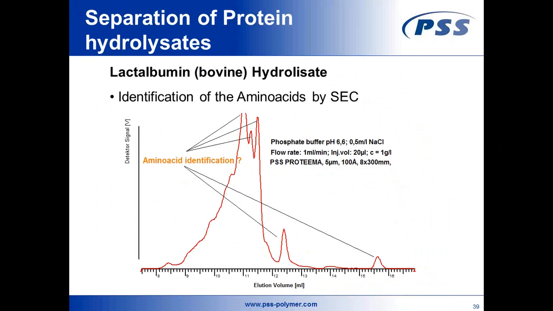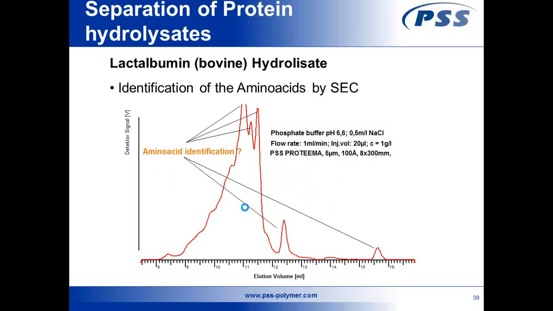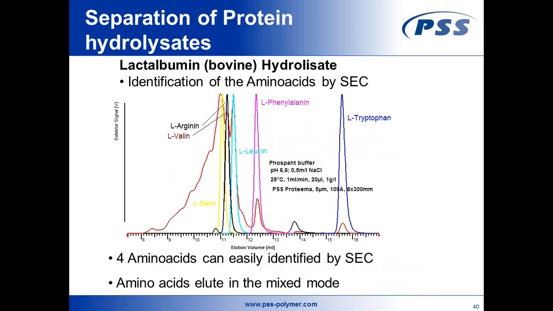You can also use the SEC to separate hydrolysates of proteins, and when you do a hydrolysation of a protein, you end up with the amino acids. And if you choose your SEC conditions in a way that you run it in a mixed mode, you get these amino acids, which are not so different in size, separated from each other, and you inject the amino acids you assume to be part of this protein, as indicated in this slide.